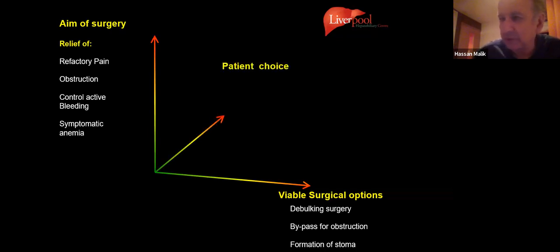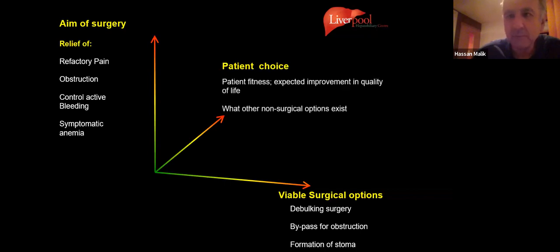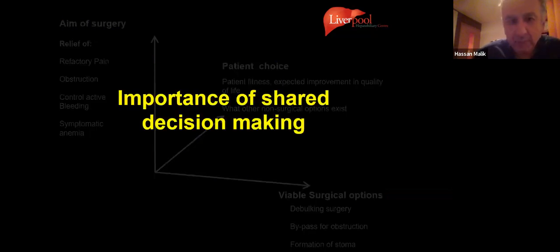And I think patient choice is important here as well. And it takes into account patient fitness and expected improvement in quality of life. And what are the other non-surgical options that exist? Because obviously they have to be first explored. So this is really coming down to this concept of shared decision-making, which is a partnership between the patient and the clinician and the family, etc.